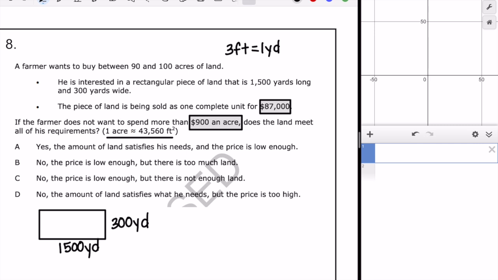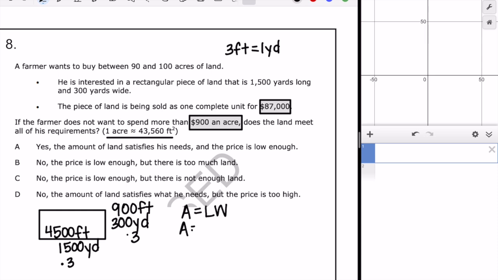So we're going to say 1,500 times 3, and that's going to turn into 4,500 feet. And then the 300, we're going to say that's also times 3, and that's going to be 900 feet. So now to find the area, we're going to say length times width.